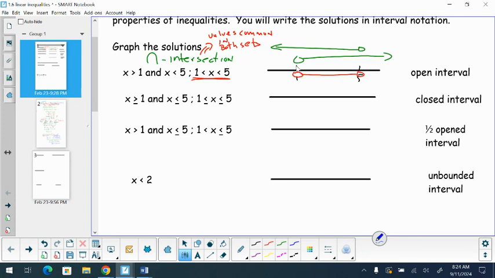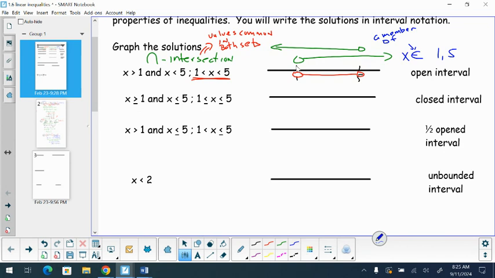But we're looking at our variable x, and x is a member of, and we use our endpoints 1, 5. We use our endpoints where we start, where we end.